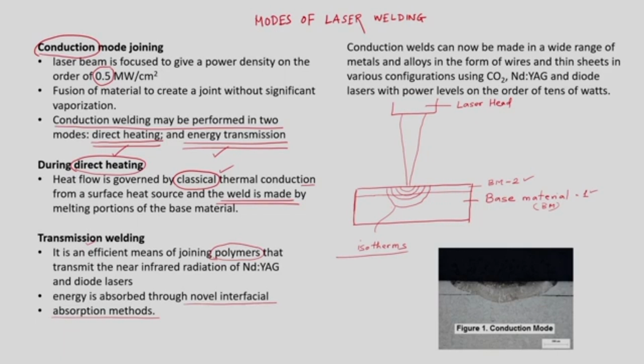Now let us consider butt welding, where we want to join two parts using the butt mode of welding. Let us consider two parts here, part 1 and part 2.